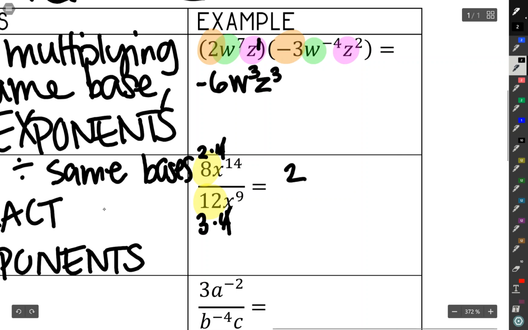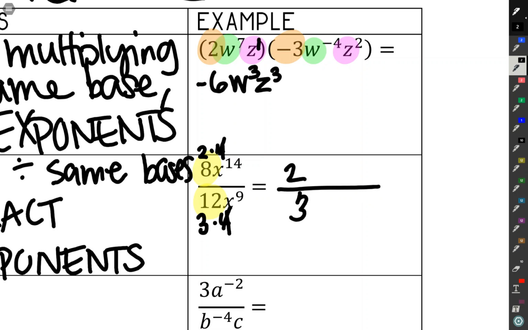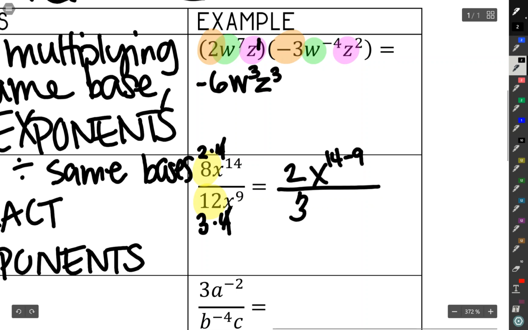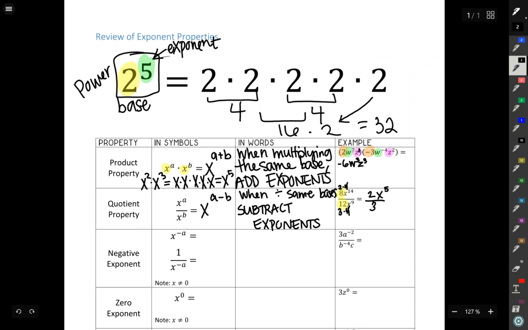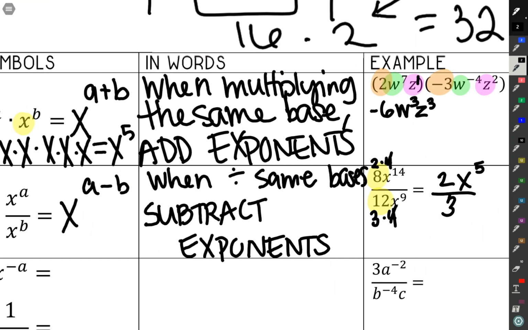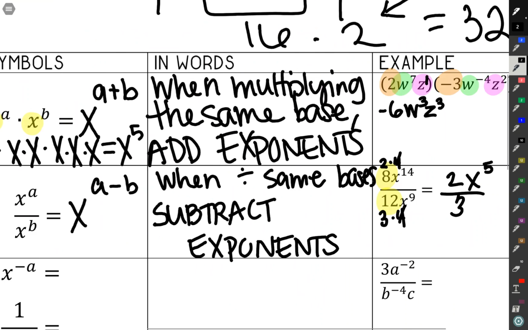So I have a 2 here, a 3 here. And now the x to the 14th and the x to the 9th, I can subtract that. So that's going to be x to the 14 minus 9, or 5. And whenever you use that subtraction rule, it's going to be left over on the top. Let me make this a little smaller. So this is my answer. It's 2/3 x to the 5th.